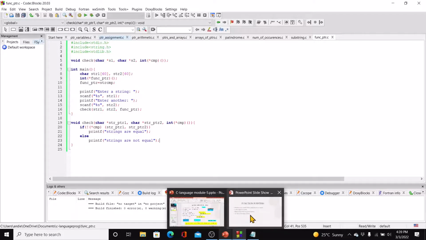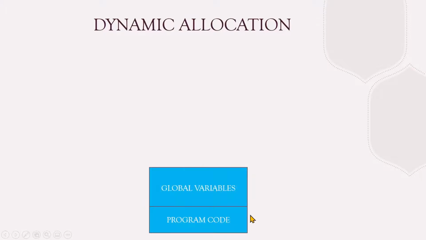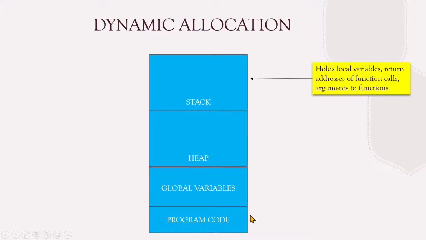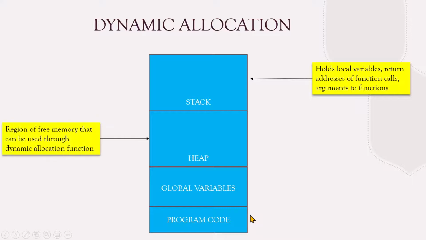Moving on, we come to dynamic allocation. For this, we need to understand how memory is managed in terms of your program. So here we have program code, then we have global variables, we have the heap, and we have a stack. The stack holds local variables, return addresses of function calls, and arguments, that is the parameters that we're sending to the functions, as we saw just now.